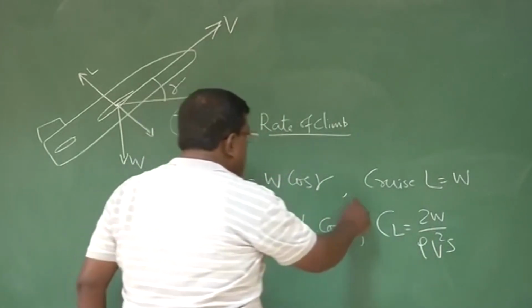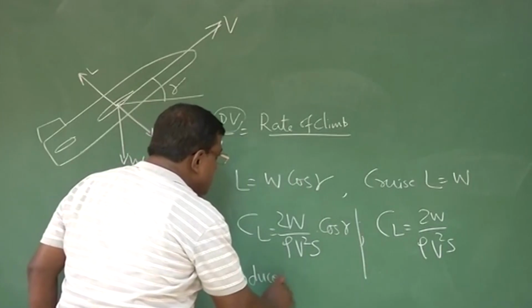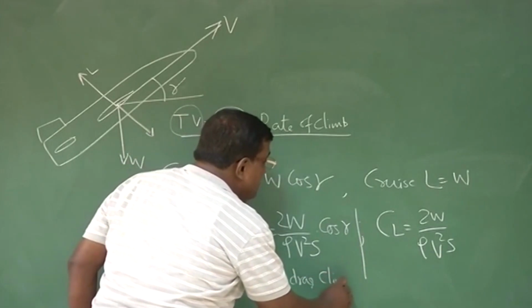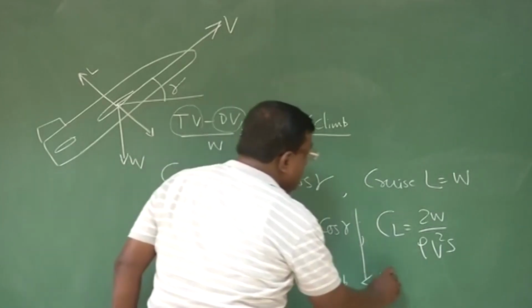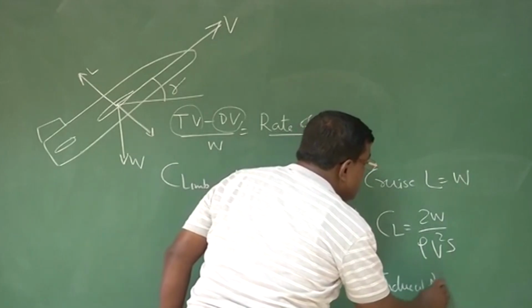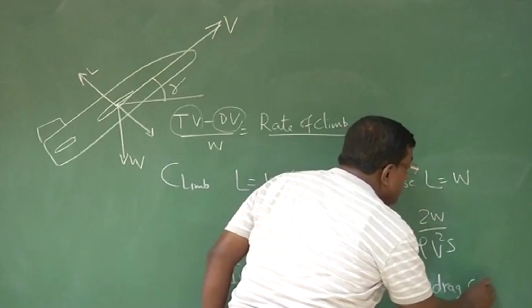That means the induced drag for climb is less than induced drag for cruise.